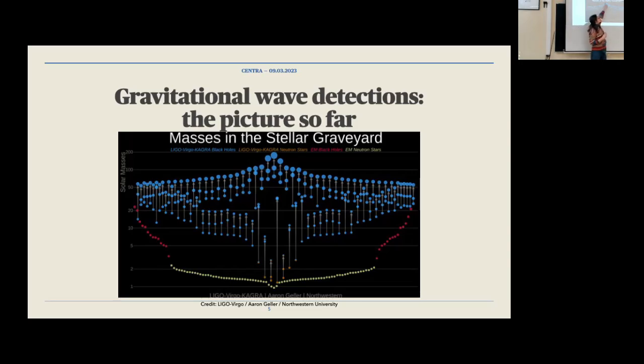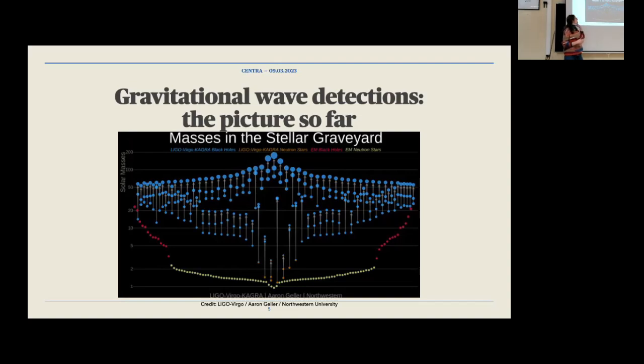And we're also starting to see a population of very heavy black holes, known as intermediate mass black holes, which are interesting. We have these initial black holes here, which lie in something called the pair instability supernova mass gap. No one knows how they form. They cannot be formed by standard stellar evolution processes.